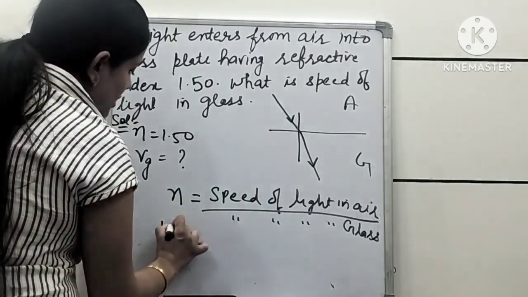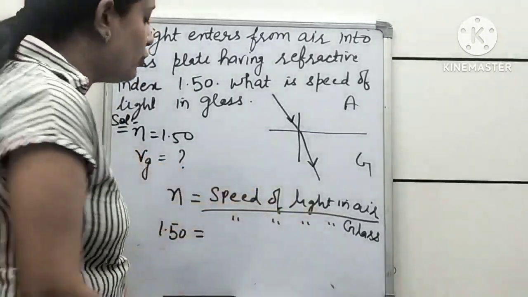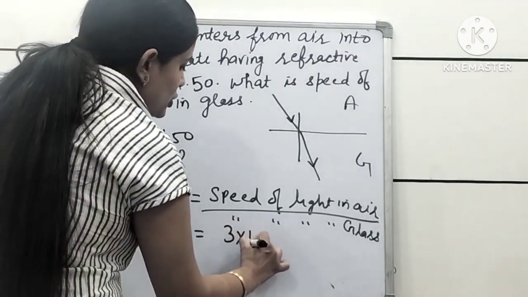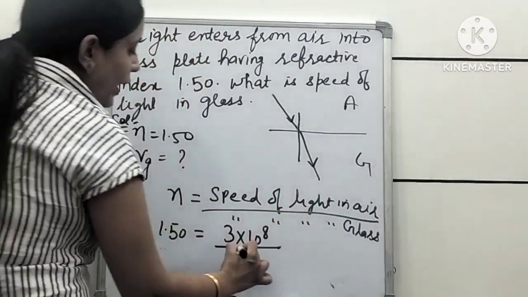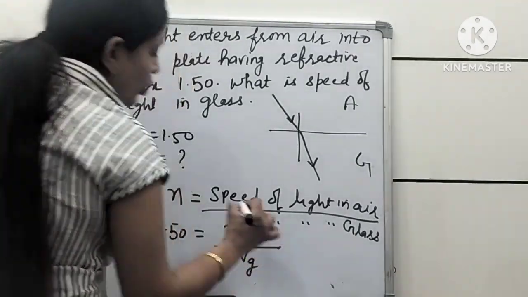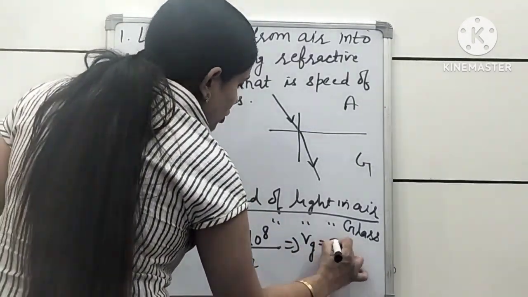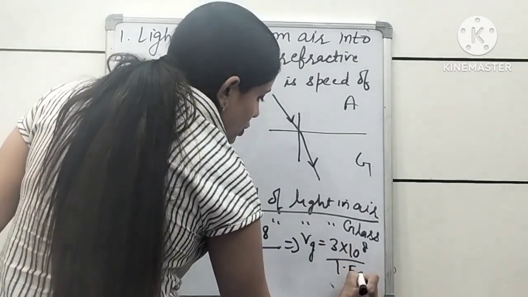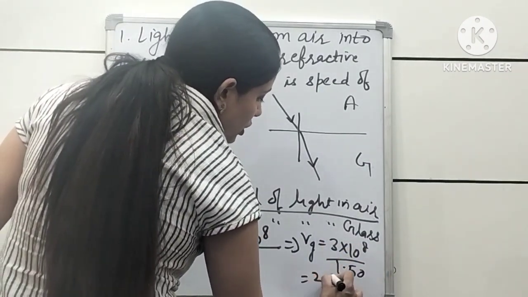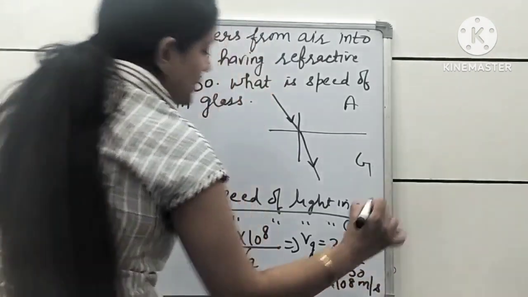So n is equal to 1.50, which is equal to speed of light in air, which is constant and equal to 3 into 10 raised to power 8 meter per second, divided by speed of light in glass, which we have to calculate. So Vg is equal to 3 into 10 raised to power 8 divided by 1.50. After solving this, the answer is 2 into 10 raised to power 8 meter per second.